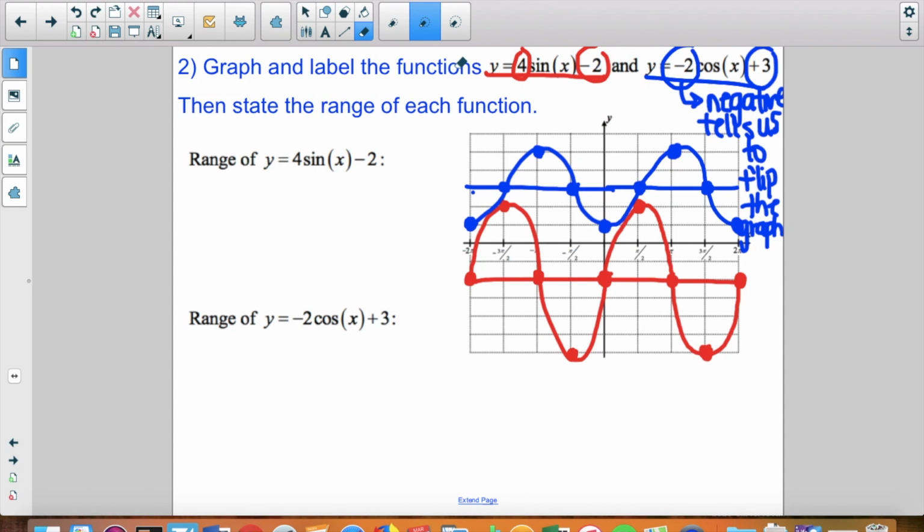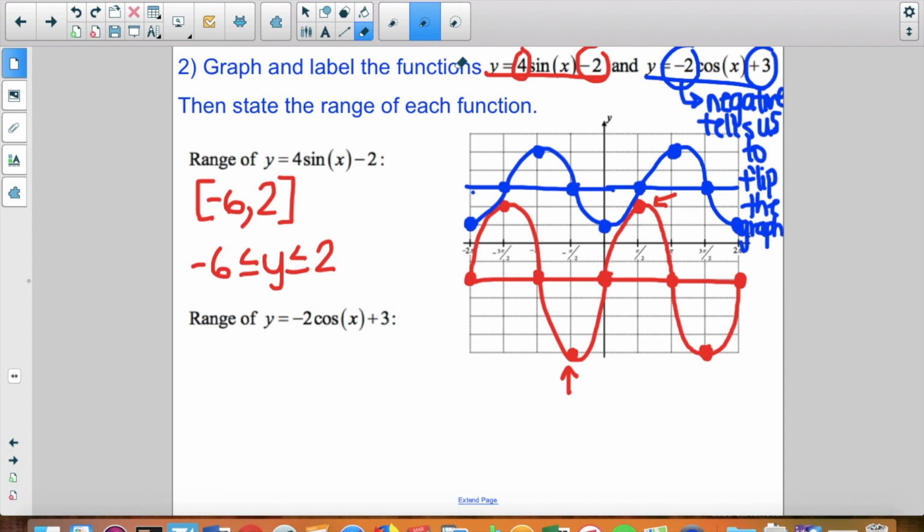So now let's look at the range. So the range for the sine graph, the minimum point here was that one, which is -1, -2, -3, -4, -5, -6. The highest point was that one, which is 2. Second way to write this is -6 less than or equal to y less than or equal to 2.